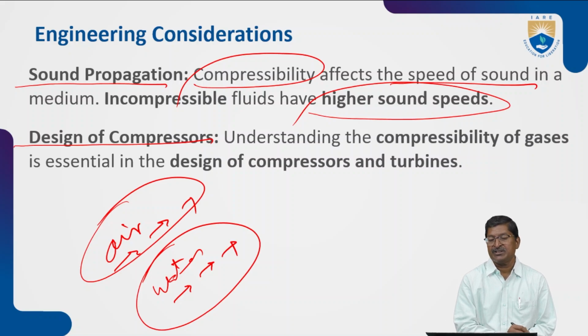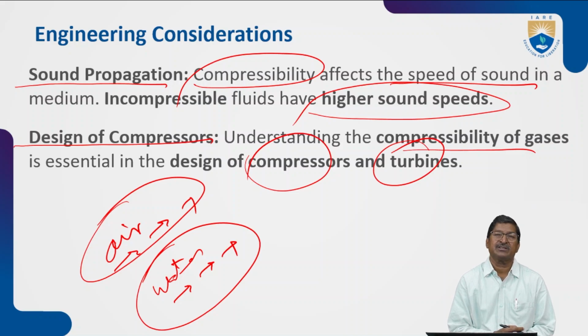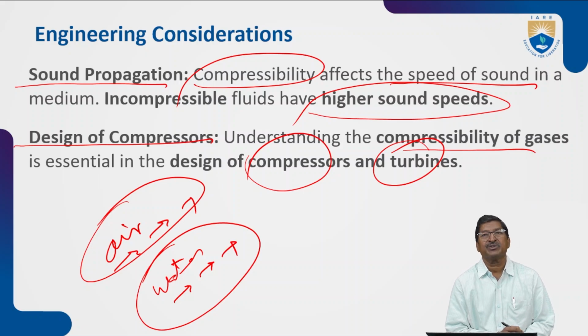And the design of compressors. Here we need to understand the compressibility of gases. Compressors and turbines, two things are there. If you want to design compressors, or if you want to design turbines, that also depends upon the compressibility of gases.